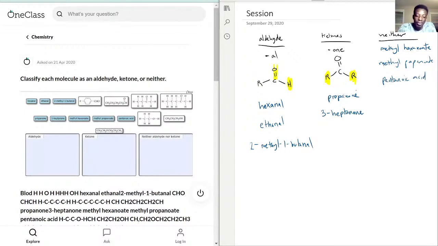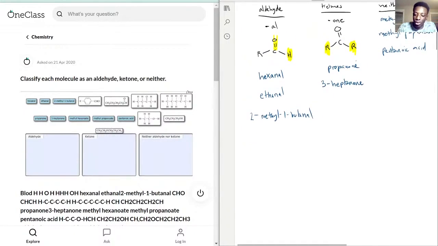Okay, and now let's go over to the formulas. So we see F bonded to CHO, so let's just draw it out and then move it to the right place. Okay, so really it's a fluorine, a benzene ring, and right here CHO.